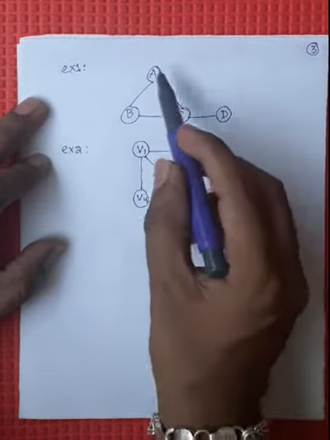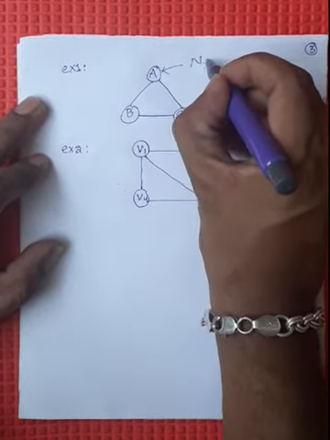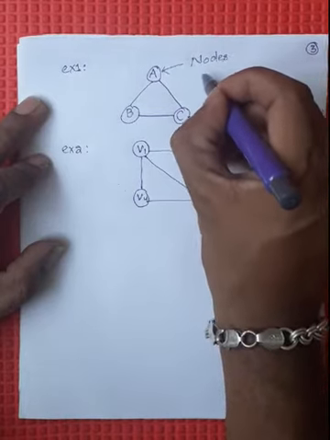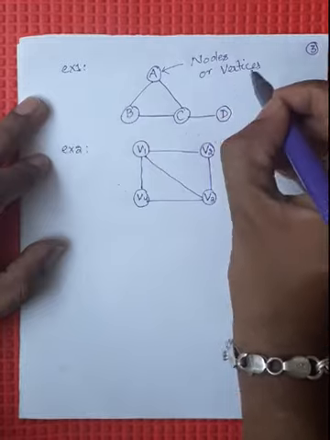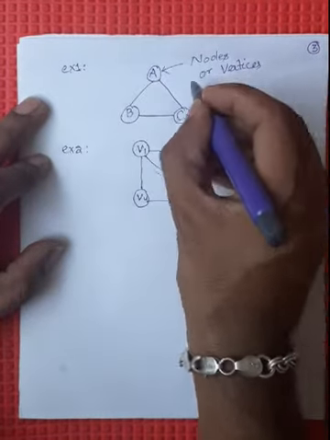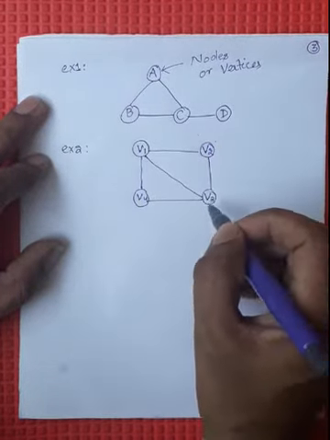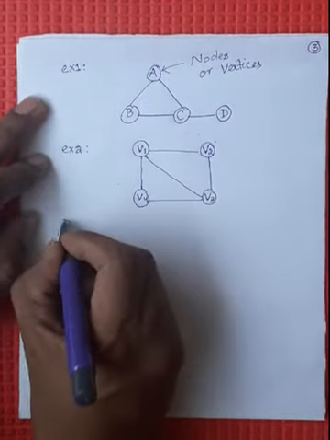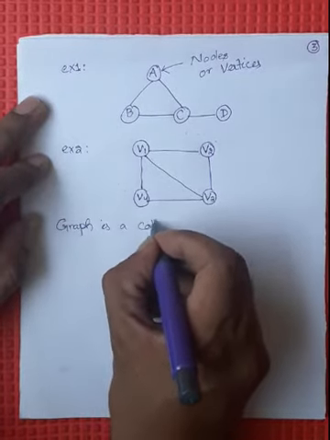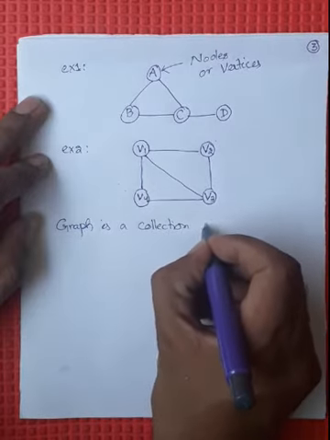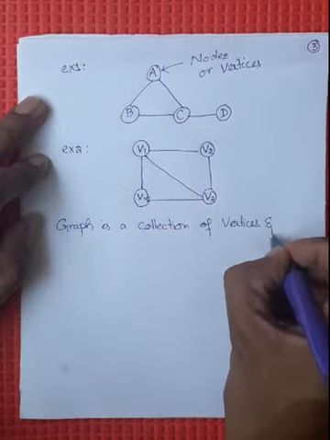Here these individual locations we call nodes, and in graph terminology they are also called vertices. An individual one is a node or vertex, whereas a group of nodes are called vertices. So we can say a graph is a collection of nodes and edges, or vertices and edges.